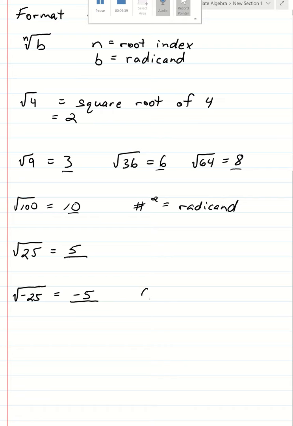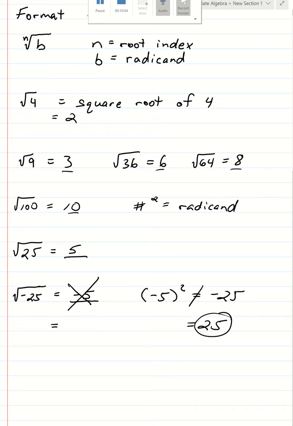But if you think about it, if you take a negative 5 and square it, do you get a negative 25? And the answer would be no, you do not. Negative 5 squared actually gives you a positive 25. So this is the incorrect answer. The square root of a negative 25 is not a negative 5.